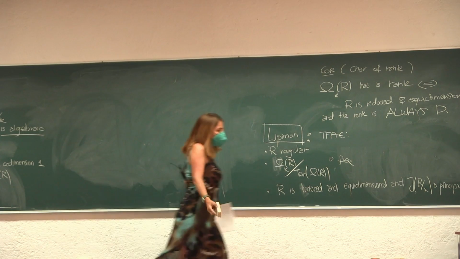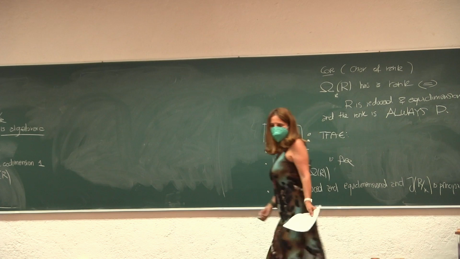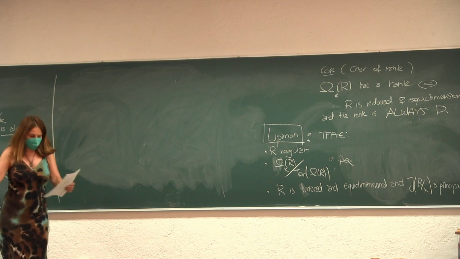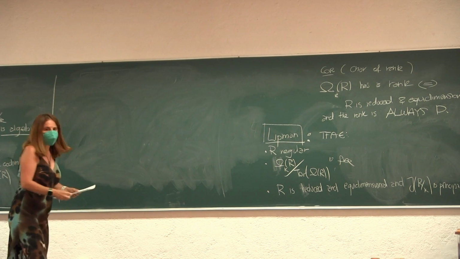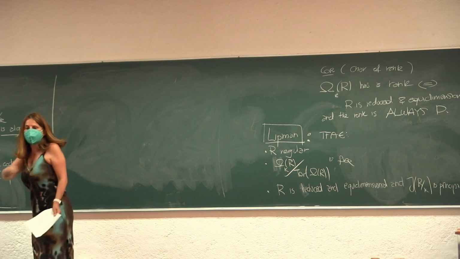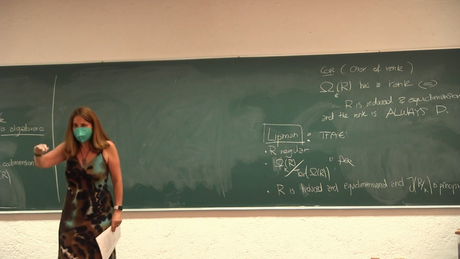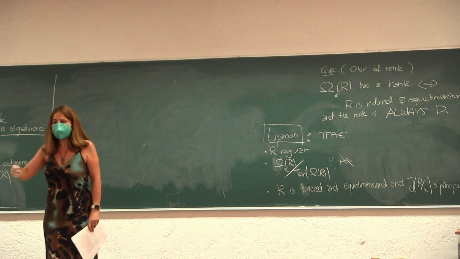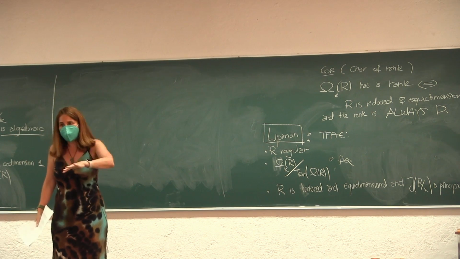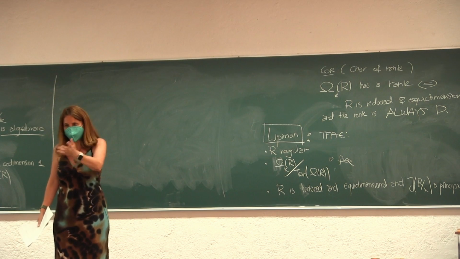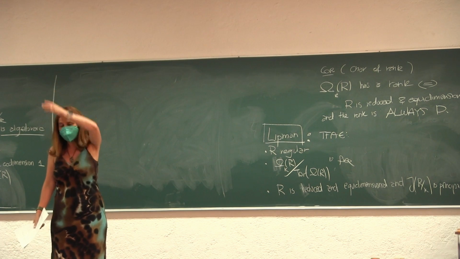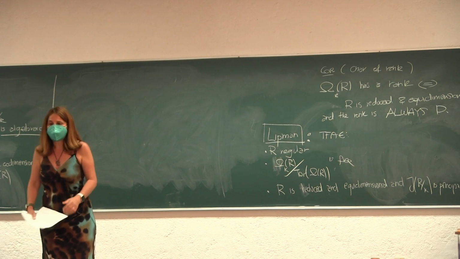So you can assume that it's not empty, otherwise it's trivial. Let's assume that it's not empty. Now condition S2 just means that the depth of the ring locally is always at least 2 for every prime: if the prime has height less than or equal to 2, and for primes of dimension higher than 2, you just know it has depth at least 2.